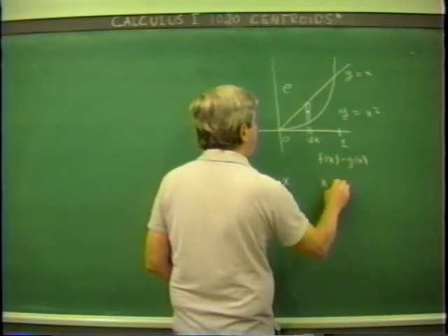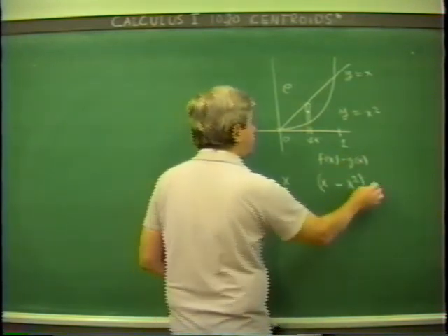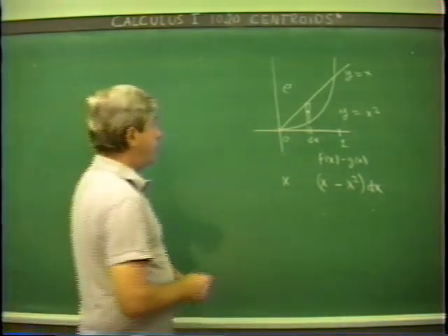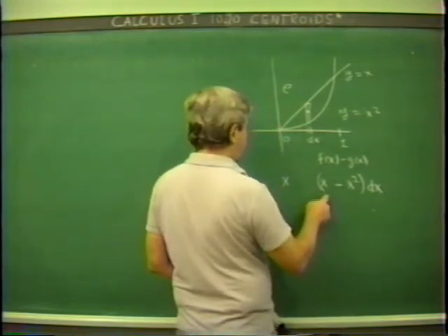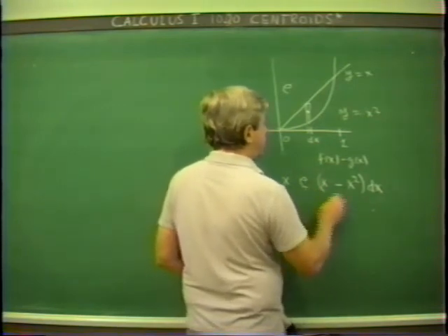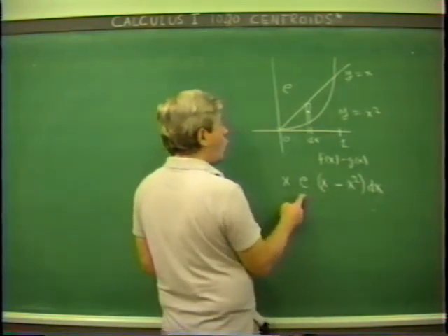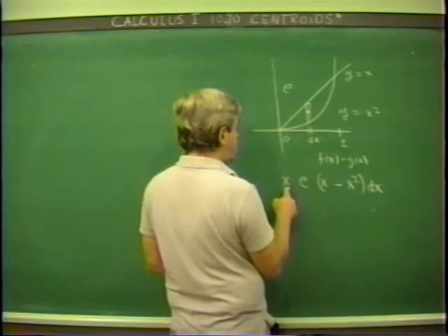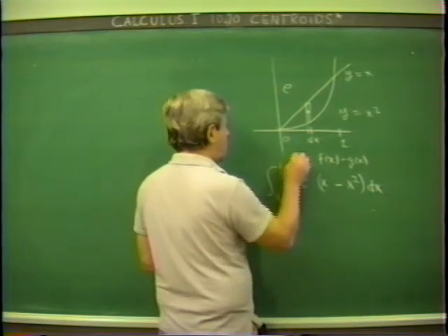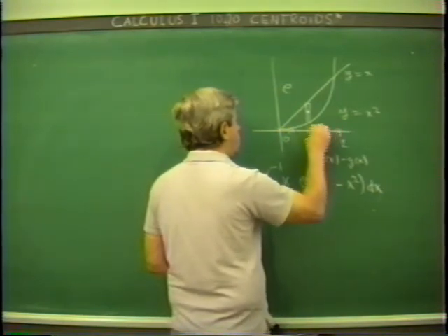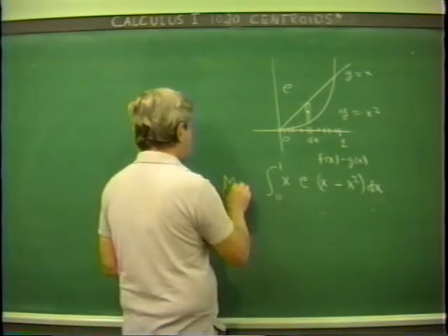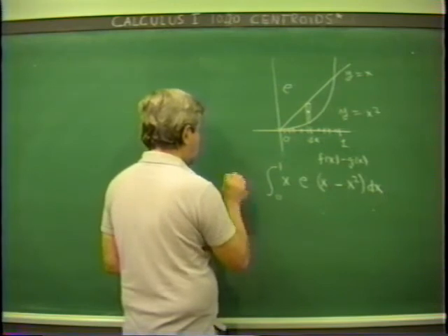Its height, if we think of this as f of x and g of x, a smaller function, is f of x minus g of x, so x minus x squared is the height of this. dx is the thickness of the little piece, and so this is the area of the piece. Now if we multiply this by rho, this is going to give us the weight of the piece. This is the distance to 0, and so we want to integrate that from 0 to 1 across the interval that was partitioned.